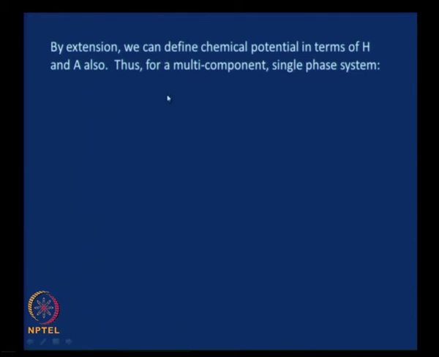So by extension, as mentioned earlier, we can define chemical potential in terms of enthalpy H or the Helmholtz free energy A. Therefore, for a multi-component single phase system, dU_t equals T dS_t minus P dV_t plus summation of mu_i dn_i, equation 212.